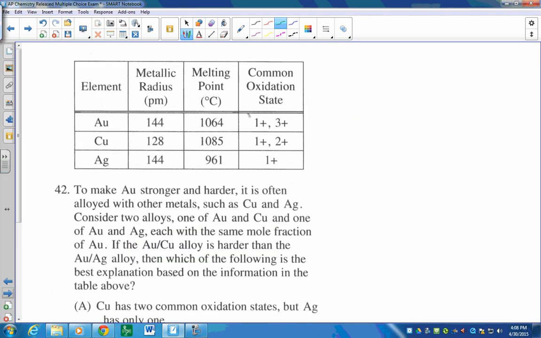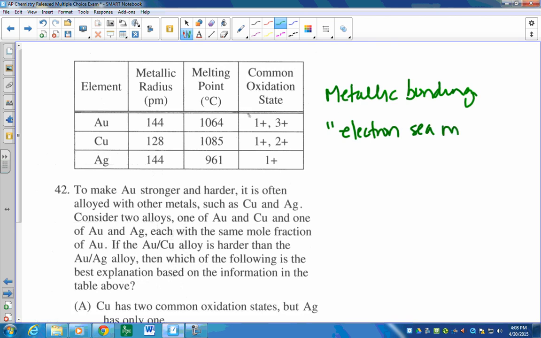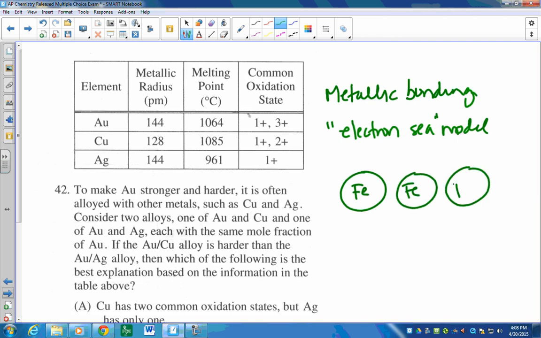Okay, this is alloys. And what you've got to understand is this is a question about metallic bonding. Metallic bonding is the weirdest of all the bonding, because, and this was a long time ago, we explain this in terms of the electron sea model. When you crowd a whole bunch of iron atoms together, they participate in metallic bonding.